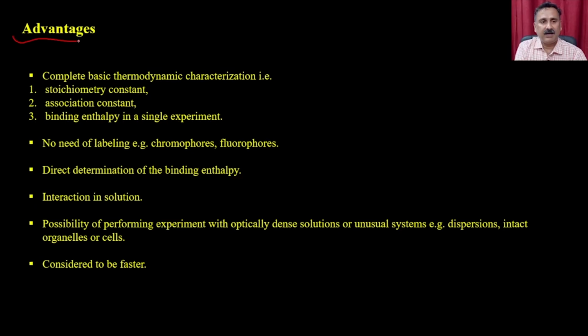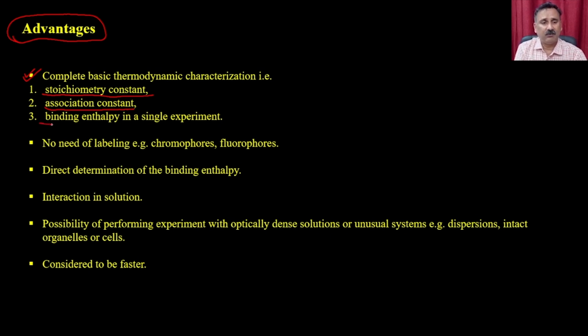Now, what are the different advantages of the ITC? It is a very sensitive method, so it can help you in determining all the thermodynamic parameters. It can give you the stoichiometry. It can give you the association constant or dissociation constant.